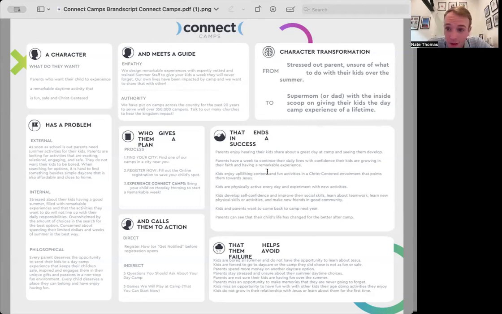We know what our problem is. Our external problem is that kids are out of school. That's obvious. They're gonna have to do something with their kids, and parents are looking. Parents are looking because there's an increased number of single working parents and an increased number of households with both parents working, which means they have to find something for their kids every single day.